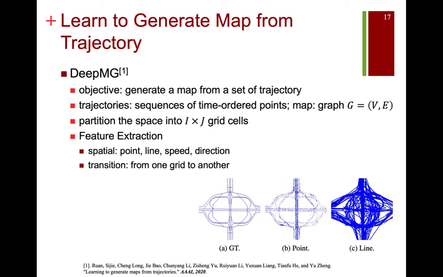Firstly, it partitions the space into grid cells, say I times J grid cells for the whole road network space. Then for each grid cell, it extracts some features from the trajectory data. Now the trajectory data have been transformed into a tensor format, because based on the partitioning we already have a matrix of grid cells, right?